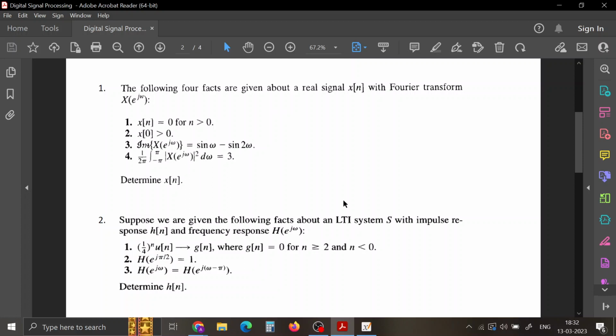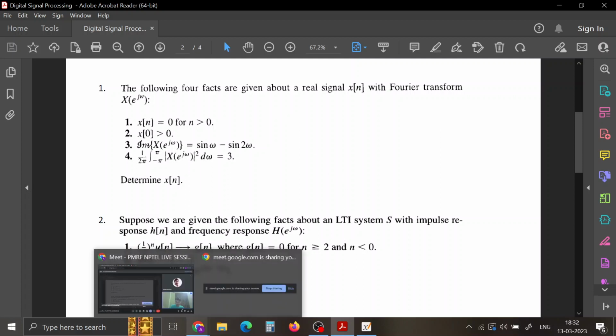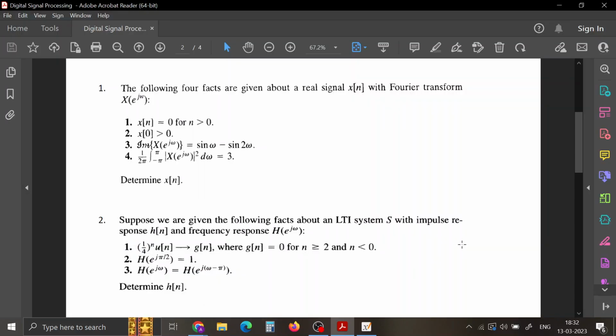So, okay, great. Any guess, Venkat, how to approach this kind of problem? What's the first thought that comes to your mind given this information? We need to find x of n. We're discussing the first question.